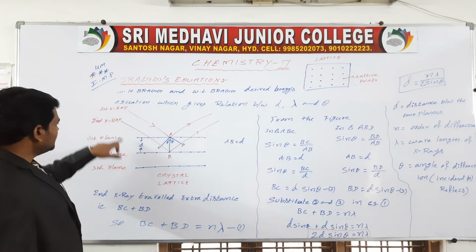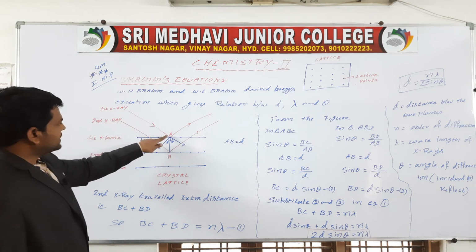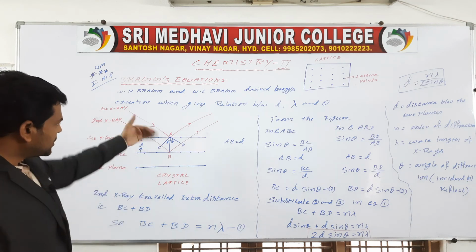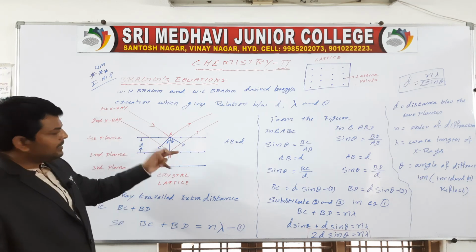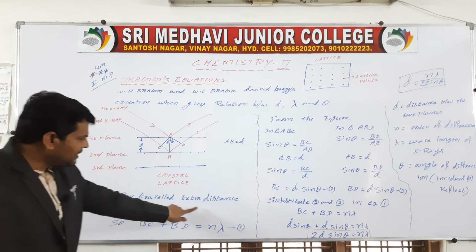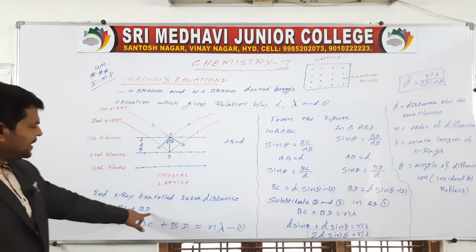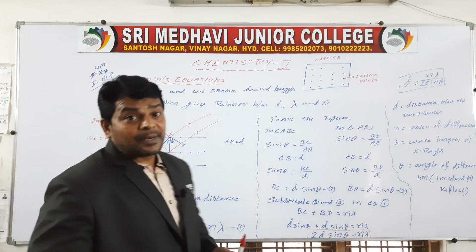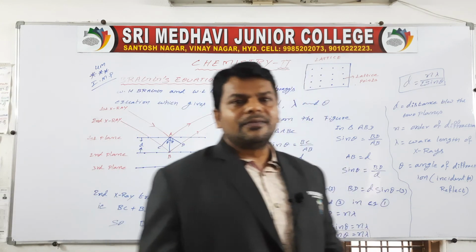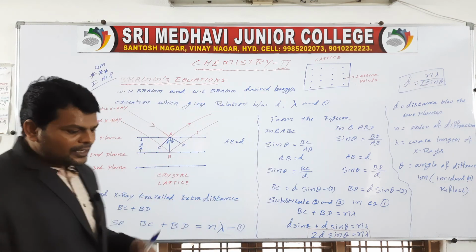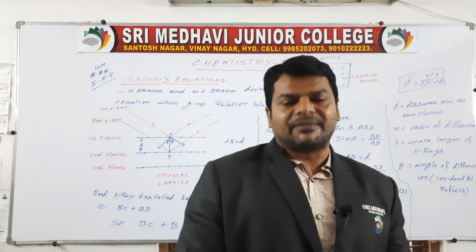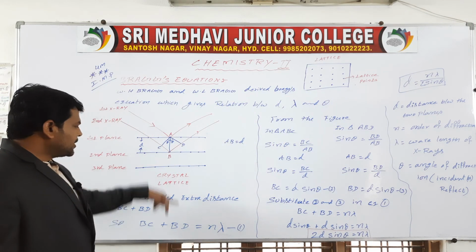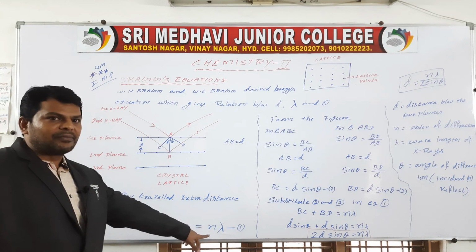Here the first X-ray is diffracted from A, the second X-ray from B. If you see these two waves, the second X-ray traveled an extra distance, that is BC plus BD. So the distance BC plus BD is equal to n lambda. Why n lambda? Because the waves undergo constructive interference, and the path difference between the two X-rays is an integral multiple of their wavelength.